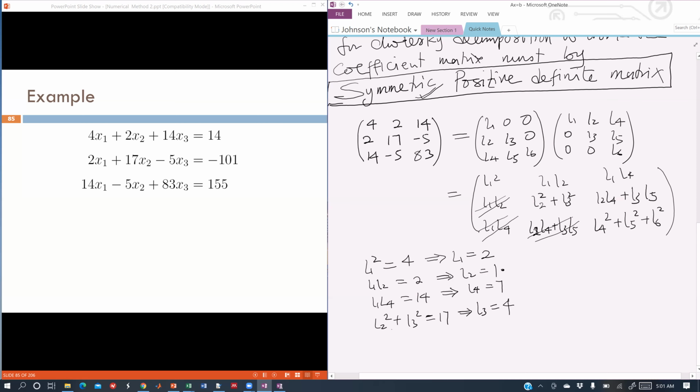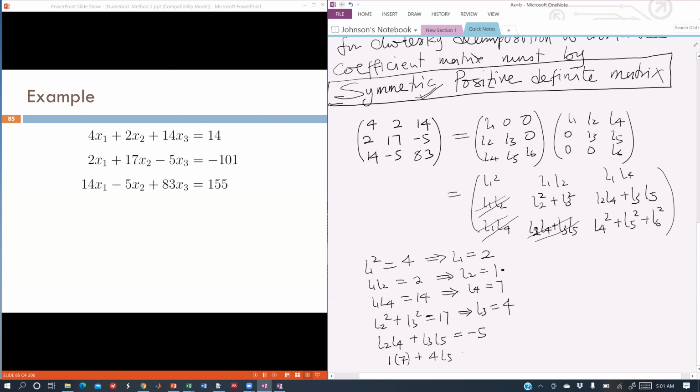Then the next one becomes L2 L4 plus L3 L5 is equal to the value there, negative 5. What do we have? We have L2 to be 1, L4 to be 7, and L3 to be 4.